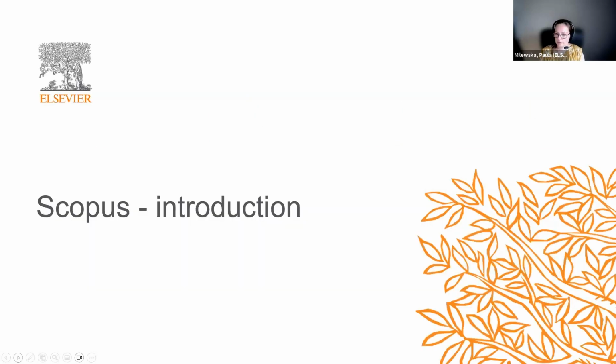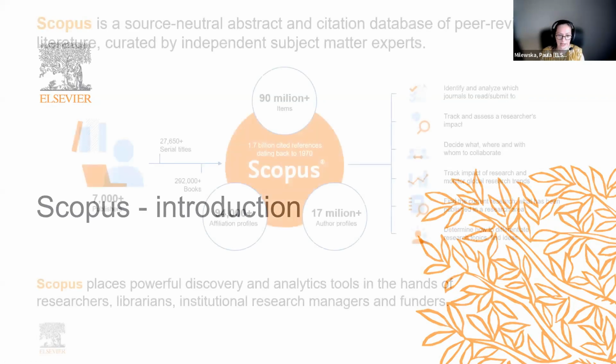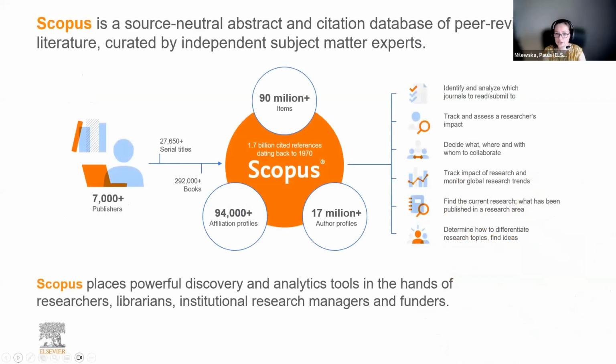Okay, so that was the full text database, ScienceDirect, 2,700 journals, ebooks, and so on. So you can go there and read the content, but we also have Scopus. And Scopus is a different story because Scopus is a source-neutral abstract and citation database of peer-reviewed literature.